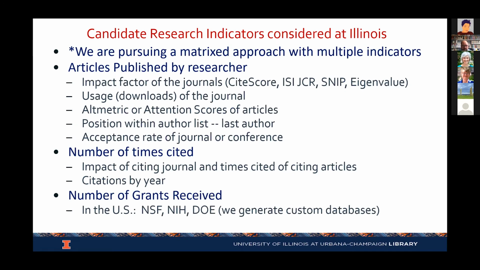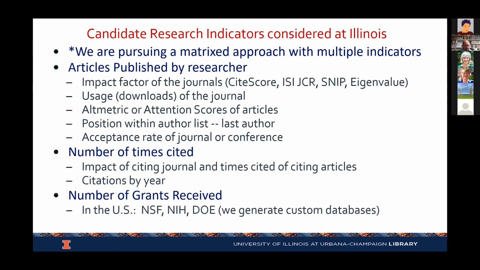So one of the things that we considered at Illinois, in addition to the citation data, is a multi-tiered indicator with a matrix approach. We are looking at articles published by the researchers, of course, but also the overall impact factor of those journals using CiteScore, ISI, JCR, SNIP, and the Eigenfactor. The usage downloads of the journal, that's our local journal utilization report, so it shows the impact specifically on our own campus.